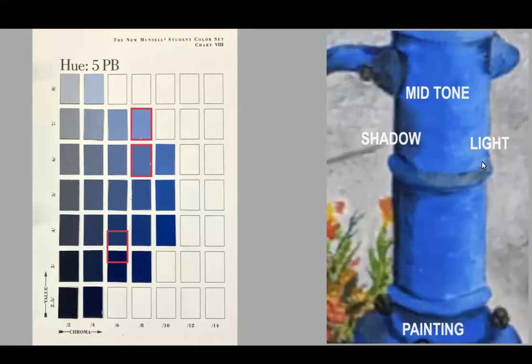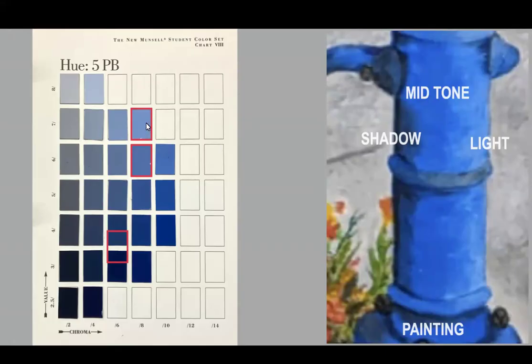And then as that value going around the cylinder gets a little darker, it's moving towards the shadow. It's not in the shadow yet, but it's moving away from the light and towards the shadow. It loses chroma, which is intensity of color or saturation. So I've circled here, squared in red.